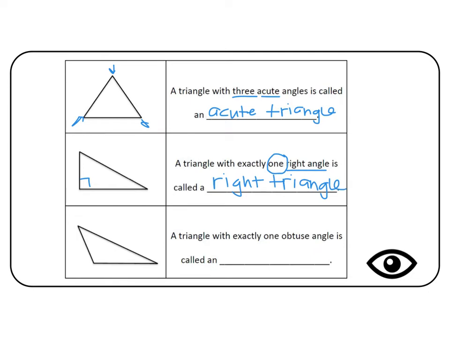And our third type of triangle has exactly 1 obtuse angle, which means more than 90. And if it has 1 obtuse angle, then we call it an obtuse triangle. Pretty easy so far, right? Let's do some together.